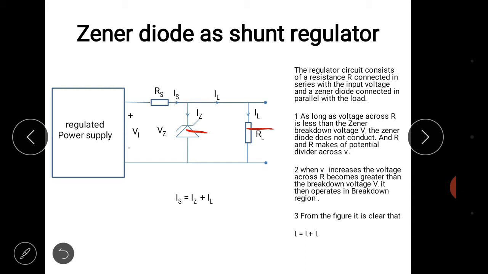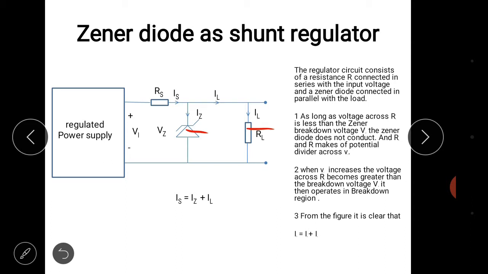So whatever voltage is developed across RL will also be available across the Zener diode. So Rs and RL make a potential divider across Vi.